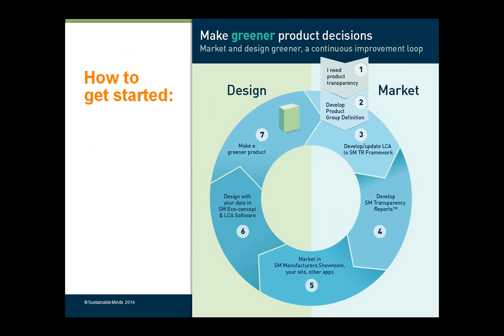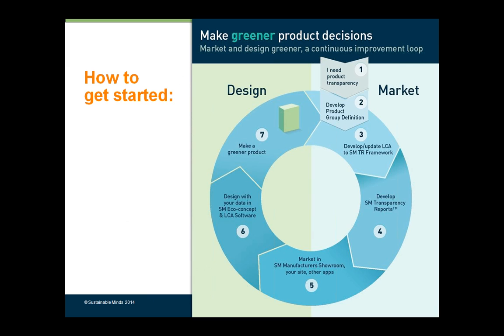Yeah. And Naji, can I add a few words there to the previous slide? What you see here, and you introduced this really nicely, is how you can create greener products. There's also integration with why we're developing the transparency report and how that fits into the overall mission and services that Sustainable Minds is providing.